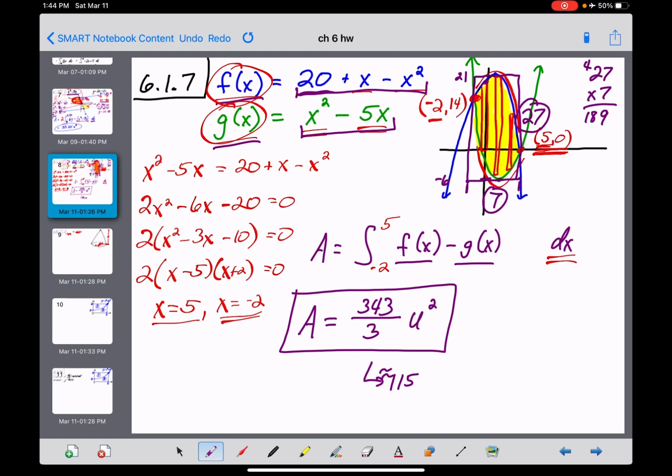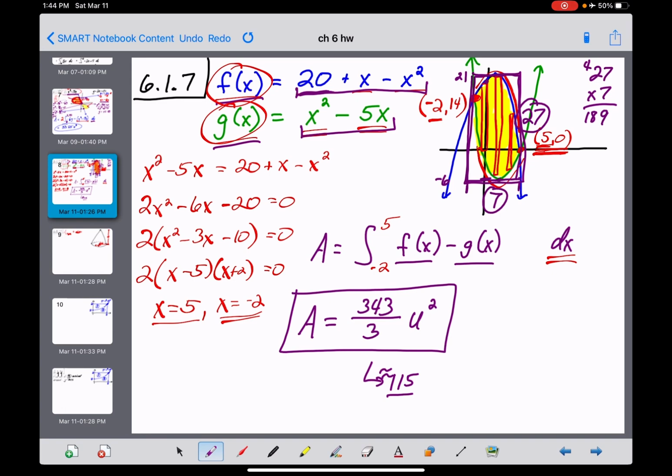So if the area of this whole box is in the neighborhood of 189, does it stand to reason that the yellow portion is about 115? Well, it definitely would need to be less than the 189. It looks to me like a pretty sizable portion of that purple box is shaded in yellow, definitely more than half, I would say, so I feel pretty good about this answer.